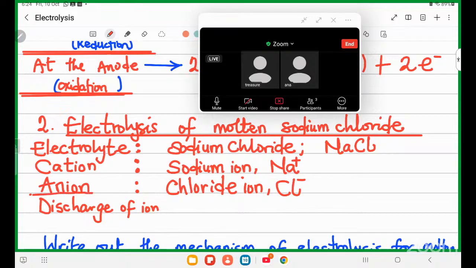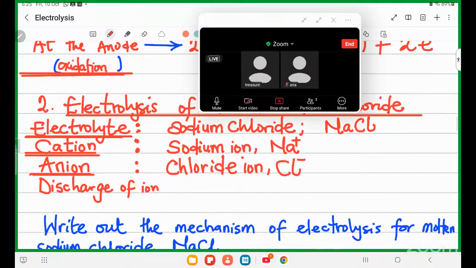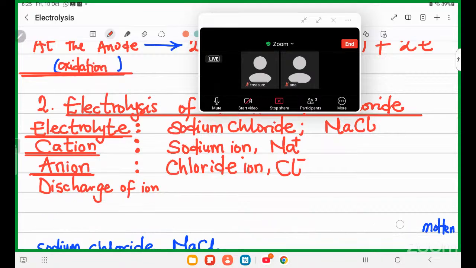Okay. And that will be the next step. And that will happen in 2 stages or steps. We will look at what will happen at the first electrode, and then what happened at the other electrode.